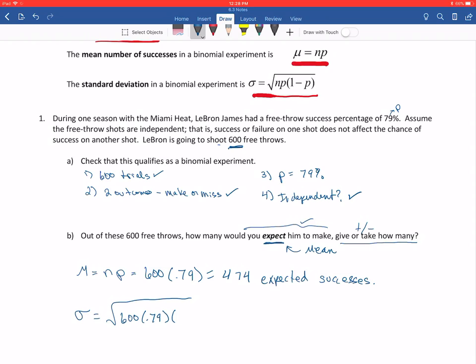And then the only difference here is that you then multiply also by the complement of that percentage. So because this was 79%, you also put in here 1 minus 0.79. That's the only addition there. So we got the square root of 600 times 0.79 times 0.21.